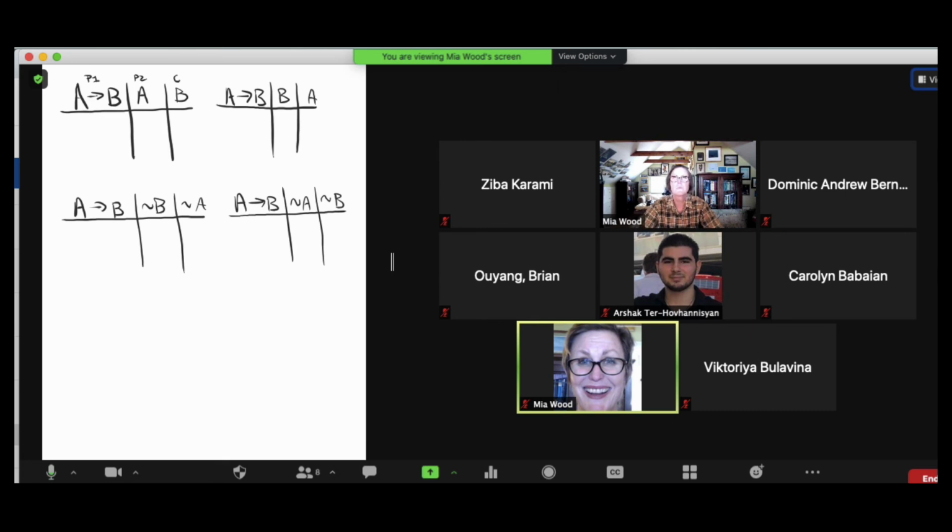Next question. What is the set of values under the conditional, because it's the same sentence in all 4 arguments? So what are the values?